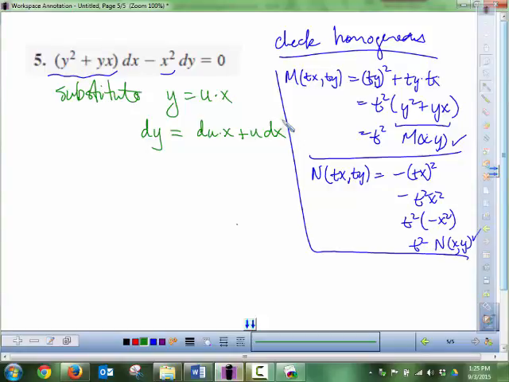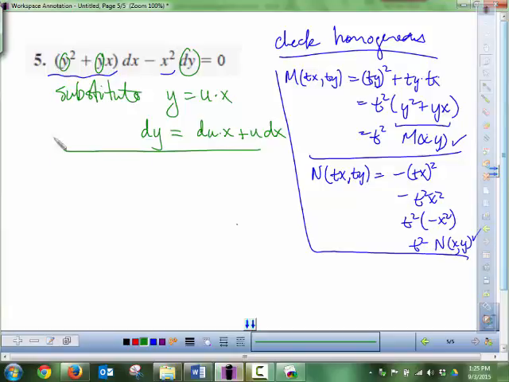Okay? So what I've essentially done is I found a substitution not just for the y's, but also for the dy. Because when you do your substitutions, you have to also take care of the differentials as well.